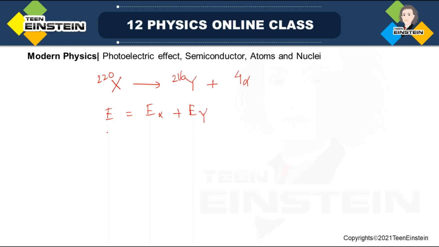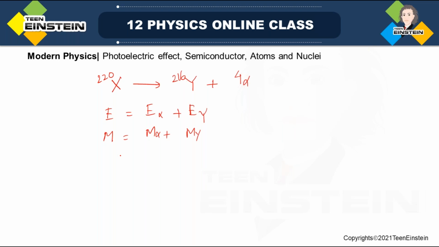So these energies are there, and the total mass is m alpha plus m of the recoil nucleus.